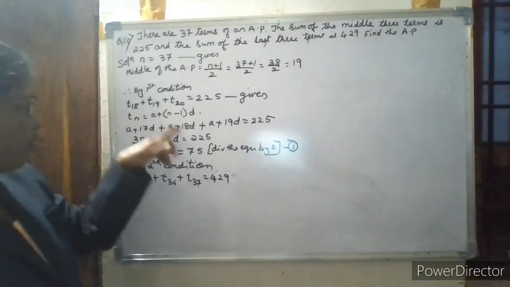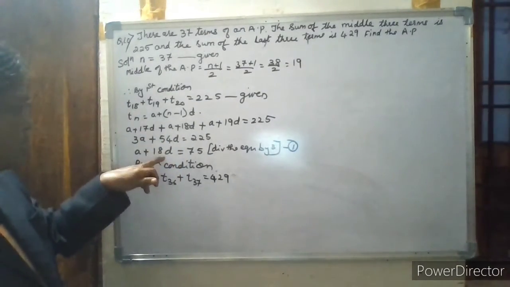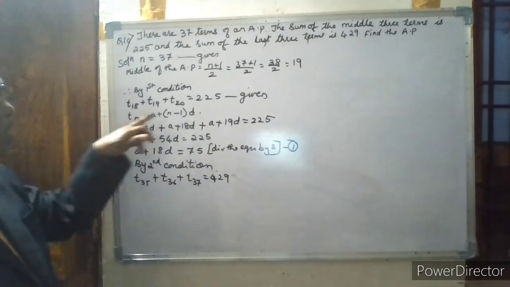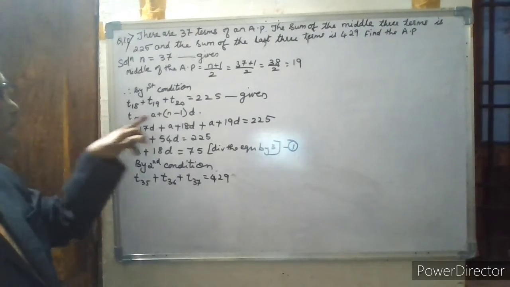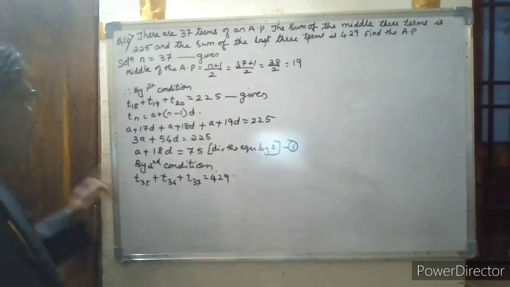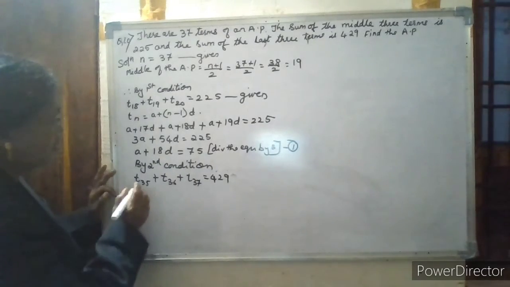As we did for equation 1, in the same manner we use the nth term formula to find the 35th term.